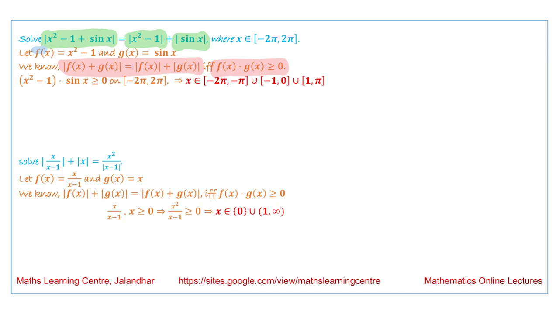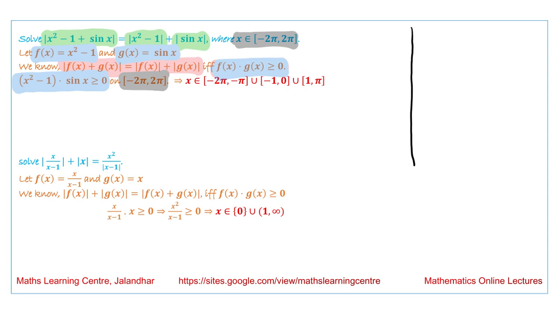So we are saying that if we consider the function f(x) is equal to x square minus 1 and g(x) is equal to sin x, then from this condition f(x) into g(x) is greater than or equal to 0, we get that x square minus 1 into sin x is greater than or equal to 0, and the interval given to us is x belongs to the closed interval minus 2 pi to pi. If we want to solve this problem in this region, we have two cases.